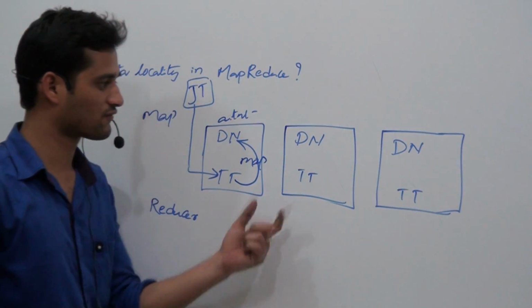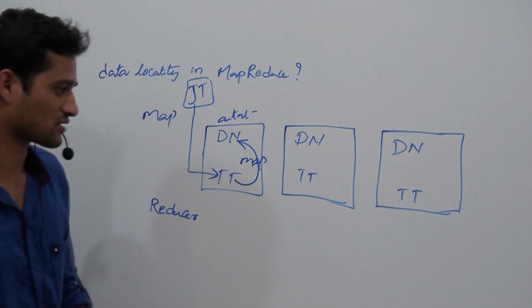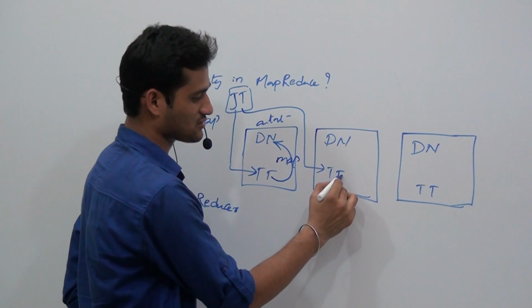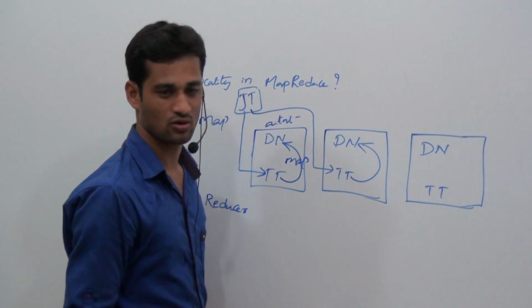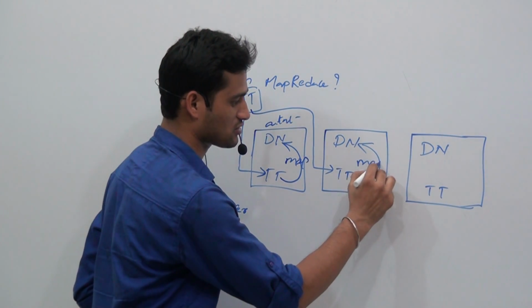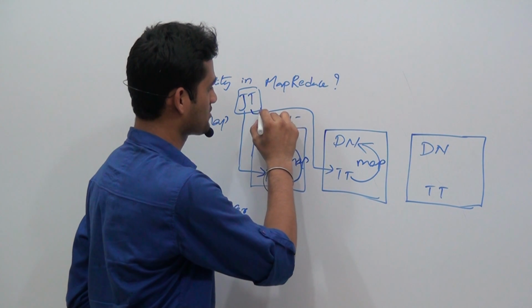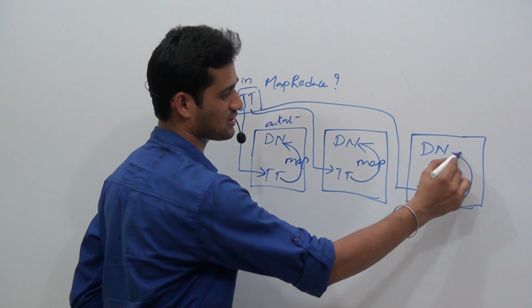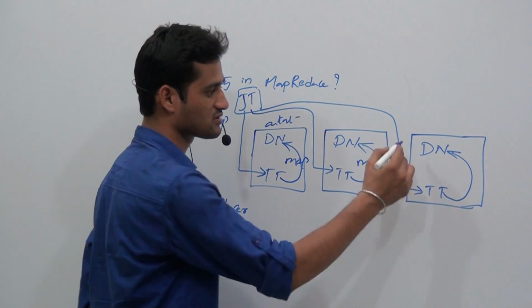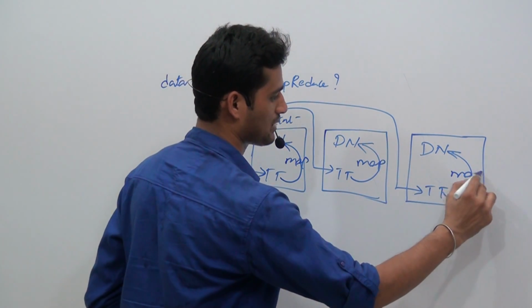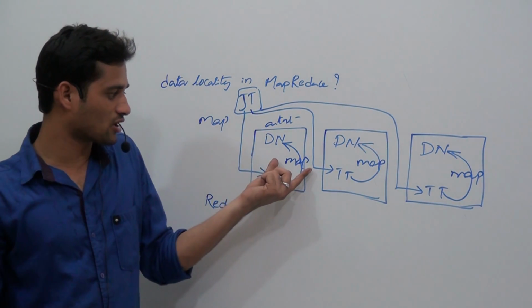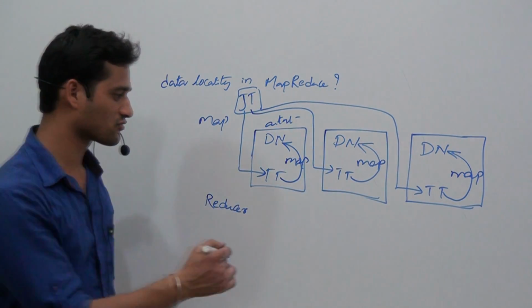The job tracker assigns some task to this task tracker, and it works on its local data node. This process we call map. Again, the same job tracker assigns a task to another task tracker, which applies that same task to its data node. This is also a map. The reducer comes into the picture once you get the output from all your mappers.